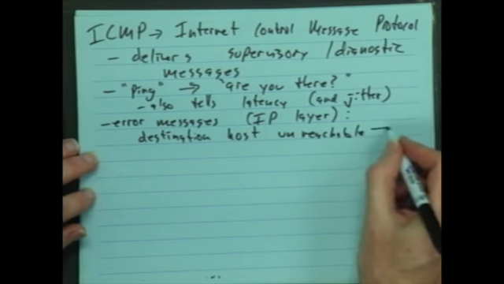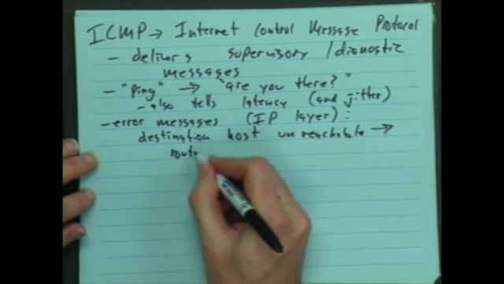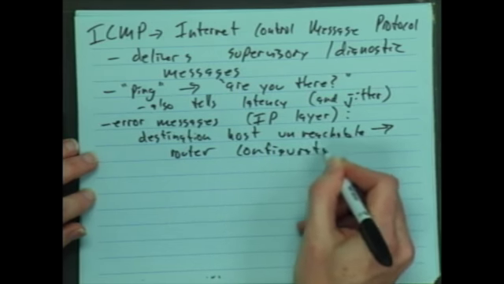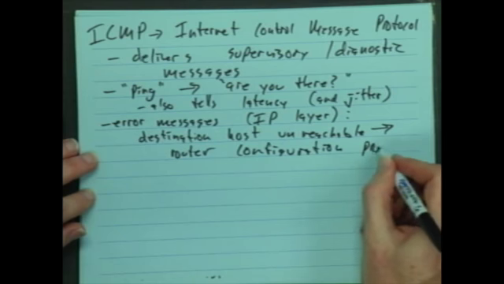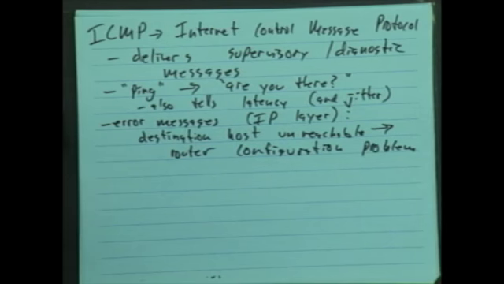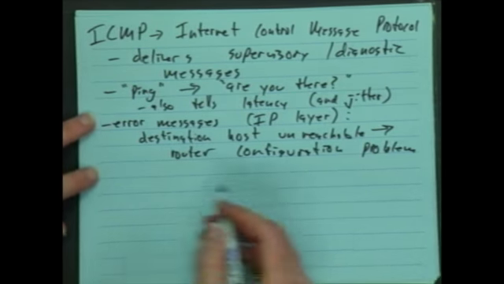Okay? This is usually a router configuration problem. But sometimes you'll hit a router that will just say, hey, you can't get to there from here. And so it'll give you this error message. I think that's good enough for that. So there's error messages there. I'm not going to give you one of those right now.